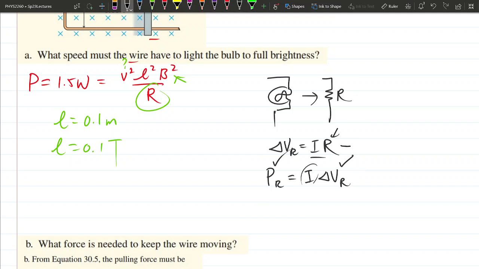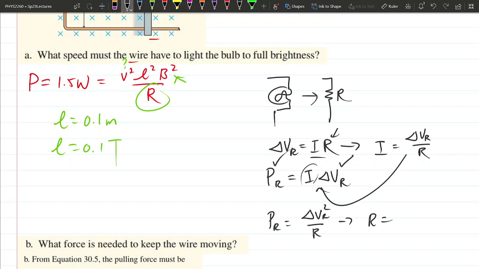Okay, so the resistance, if you solve this for I, I can't do algebra at all this morning, I'm sorry. That's what I is, and we plug it in here. The power out of here is delta V_R squared over R. If you solve this for R, then you would get delta V_R squared over the power, right?